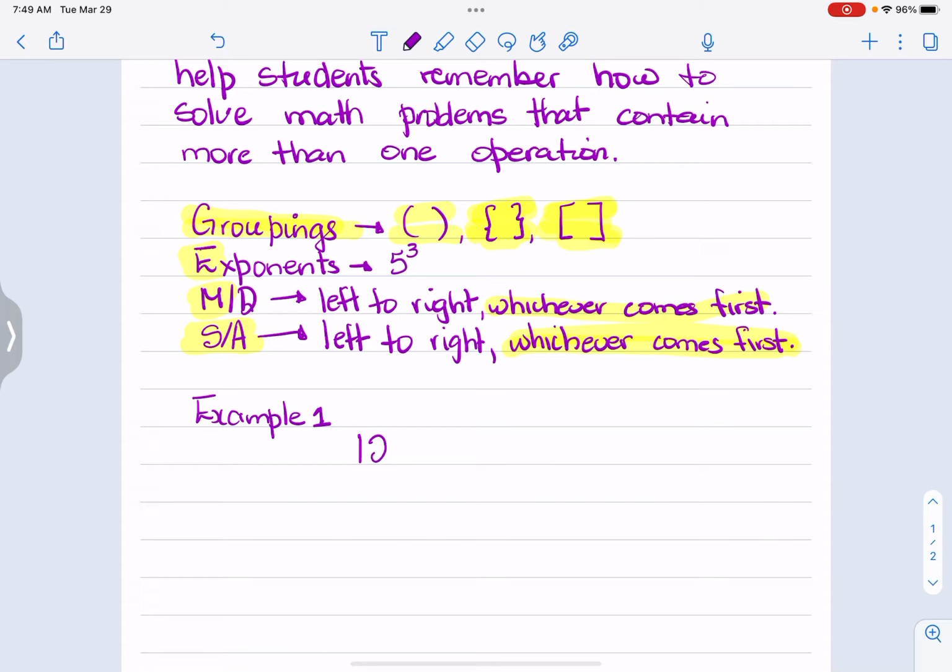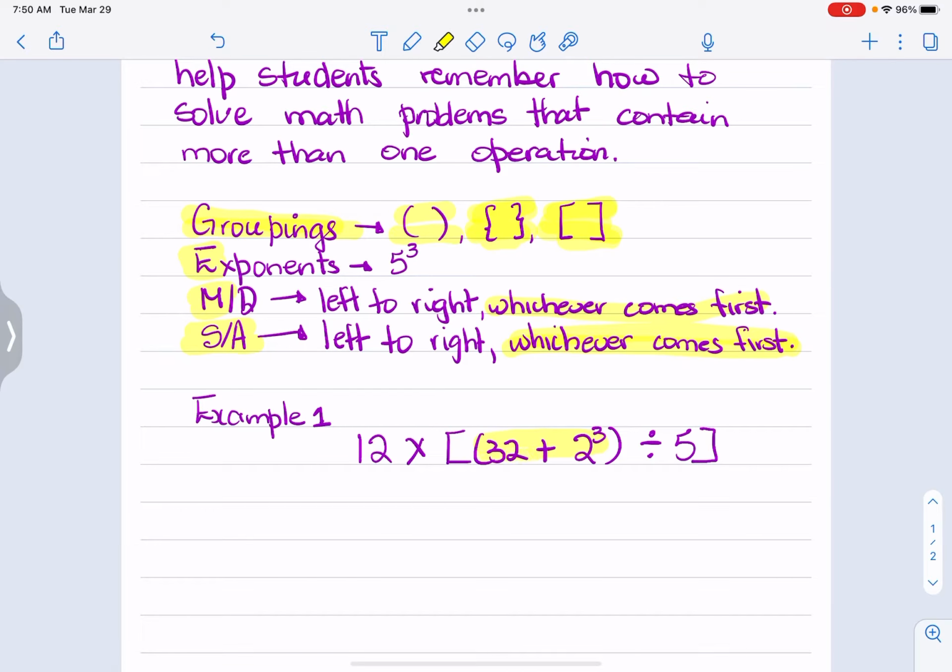So 12 multiply, and again when we talk about groupings, it's not only parentheses but braces and brackets. Let's look at our first example. Notice that we have brackets and we have parentheses. Whether brackets, parentheses, or braces, start with the innermost grouping, or the one that's on the inside.